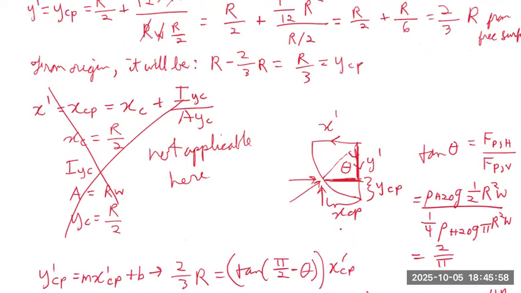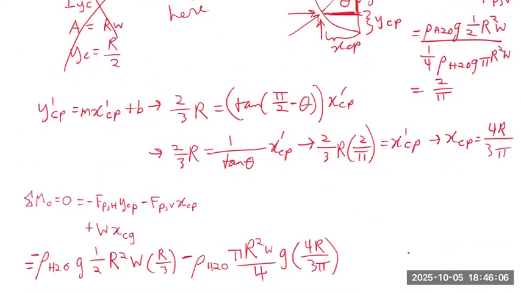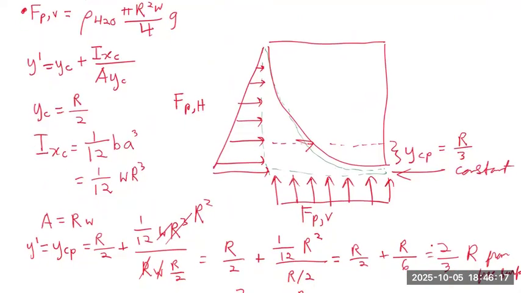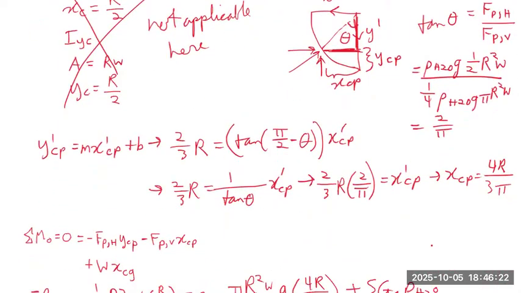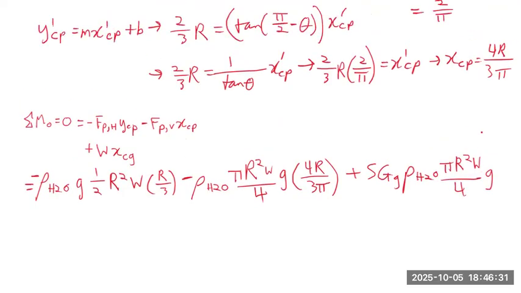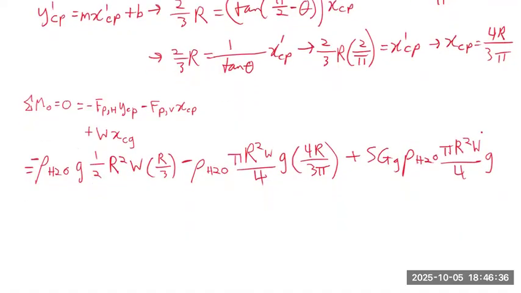And then W, we found the weight to be SG times G times pi R squared W over 4.